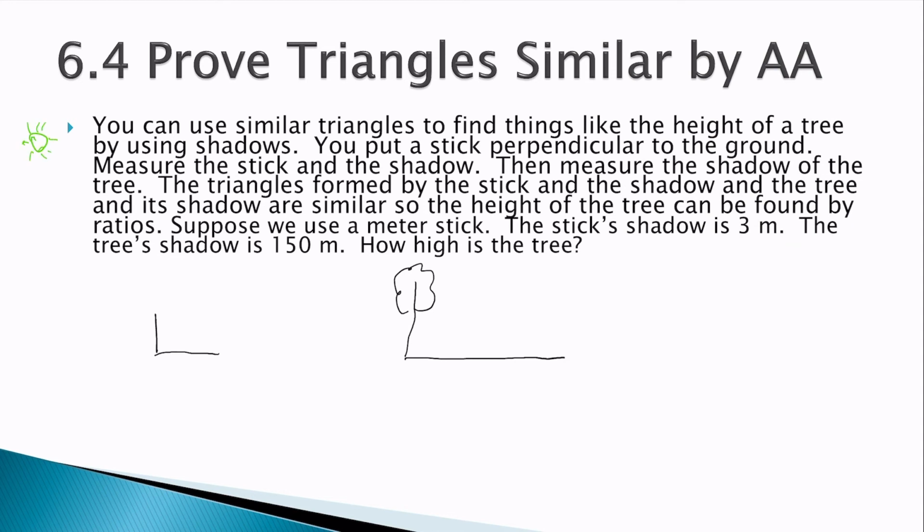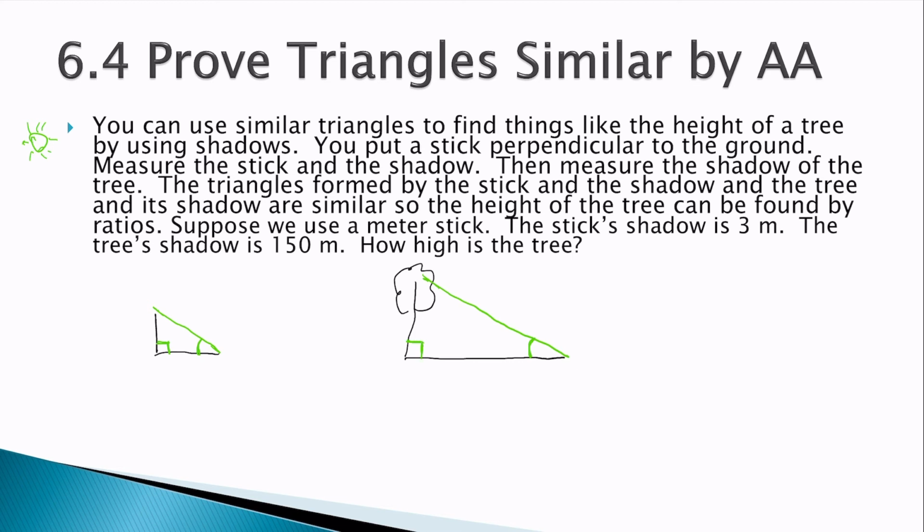And so you get a line like that, like that. Since the sun is so far away, we would say that these angles are congruent. There's also a right angle. We'll say both the tree and the stick are perpendicular to the ground.